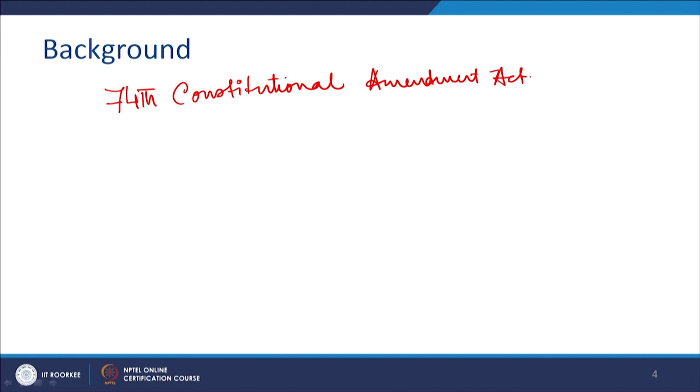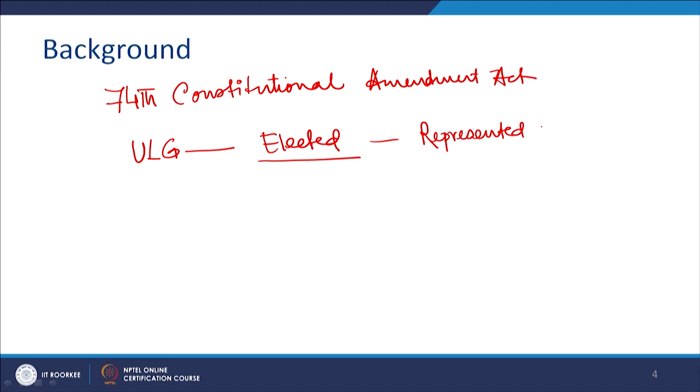So, background. Following the 74th Constitutional Amendment Act, the urban local government is to be elected and represented by all categories of the people, and because of this it gets a local government status.